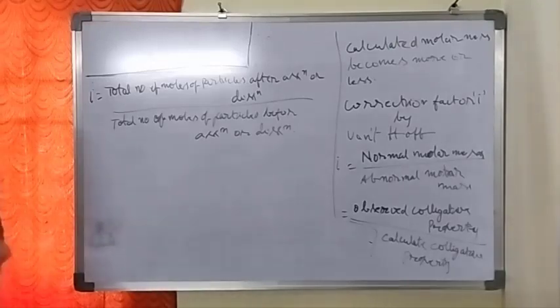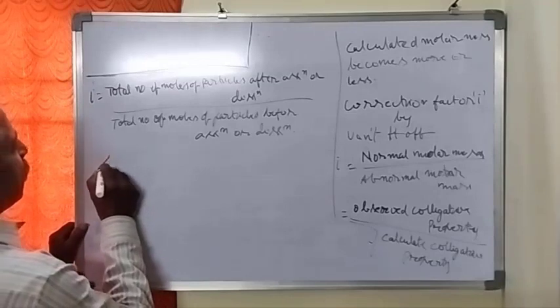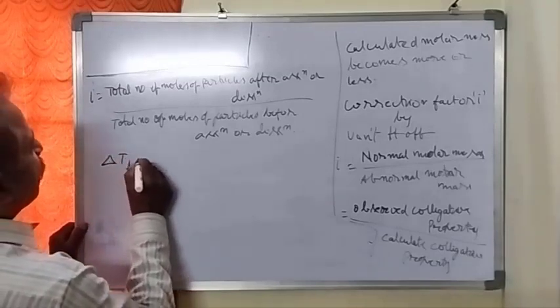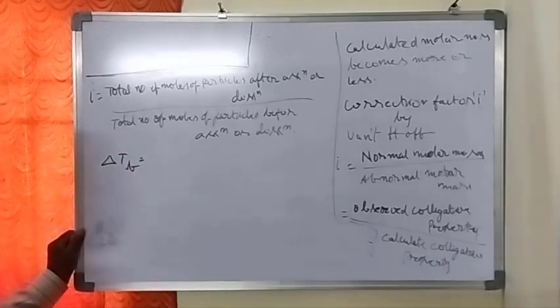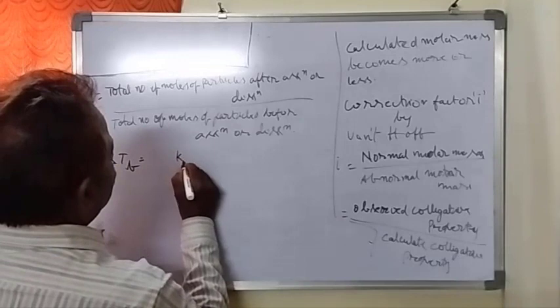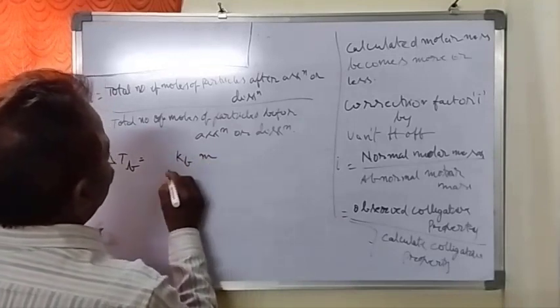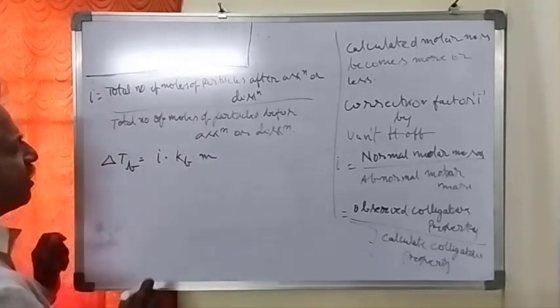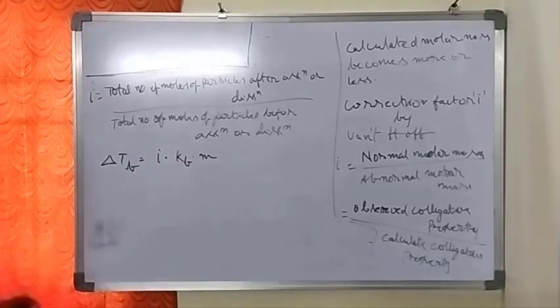So if the Van 't Hoff correction factor is included, delta TB, that is elevation in boiling point. What is the elevation in boiling point? Delta TB equals KB into m. If the Van 't Hoff factor is included, this is i into KB into m.